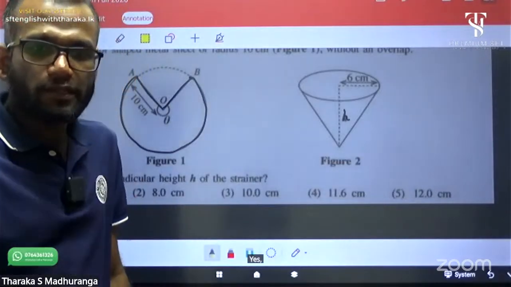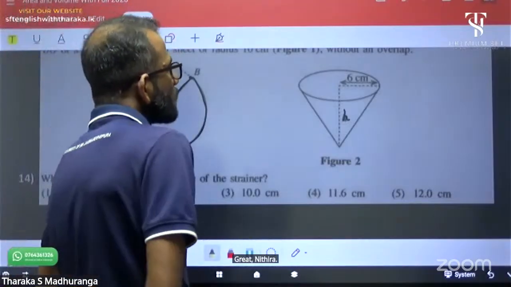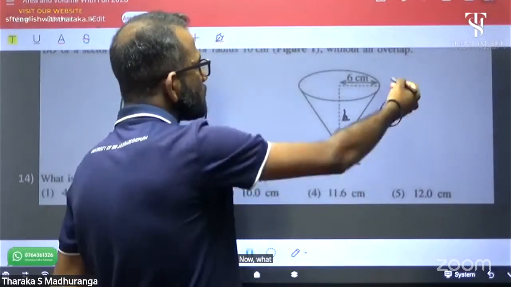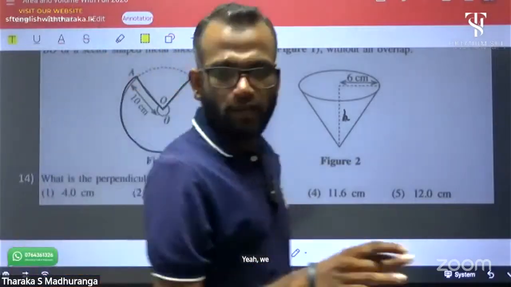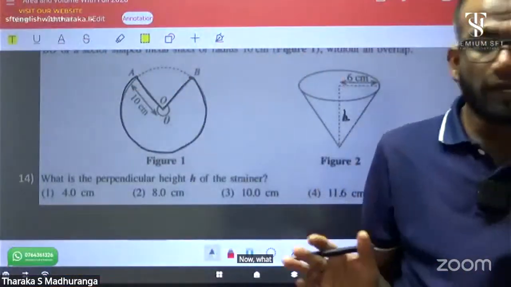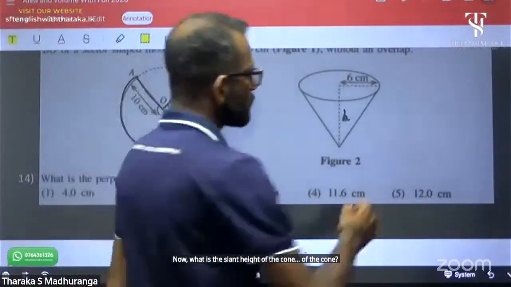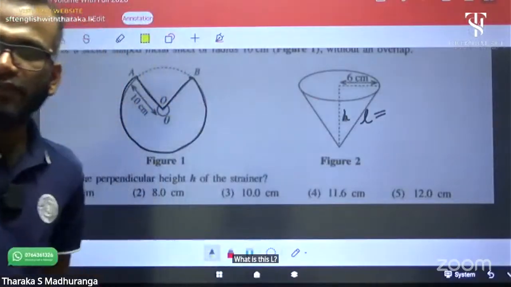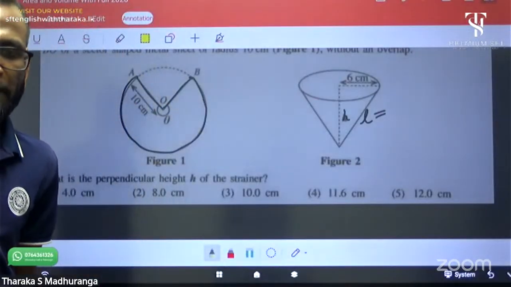Very good. The perpendicular height. Now, what is the slant height of the cone? L. Very good. What is this L?